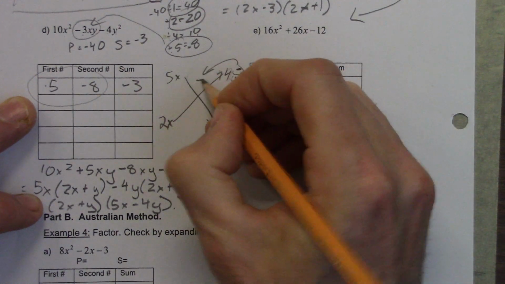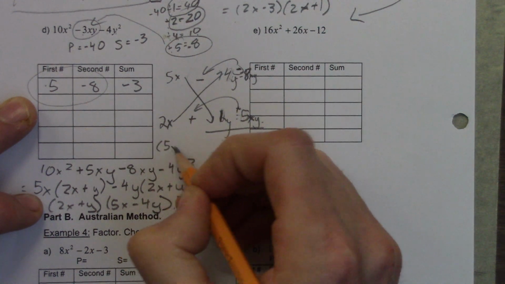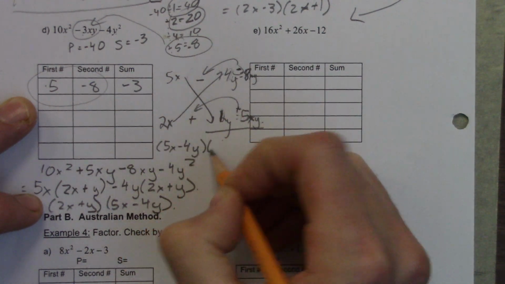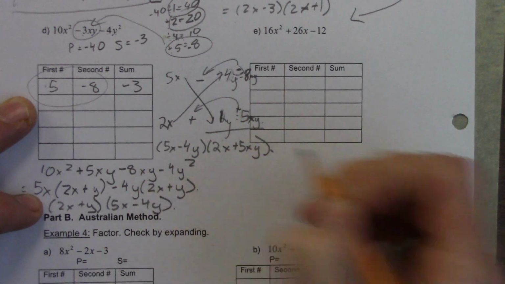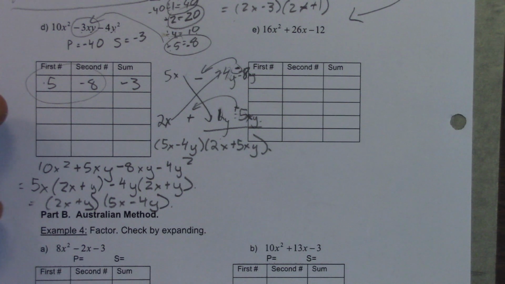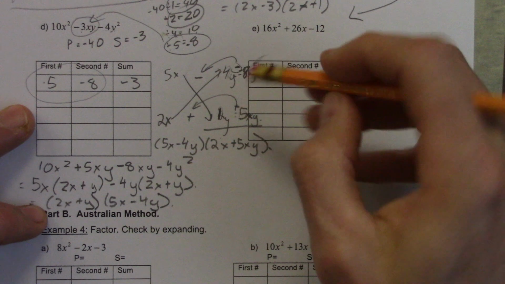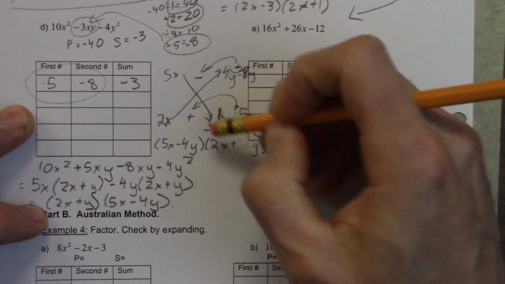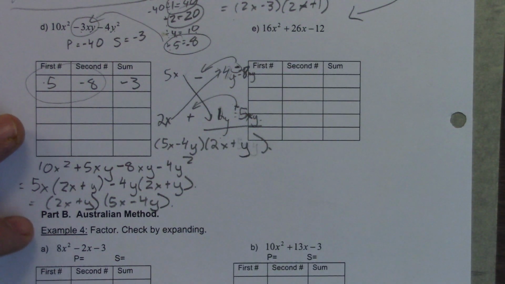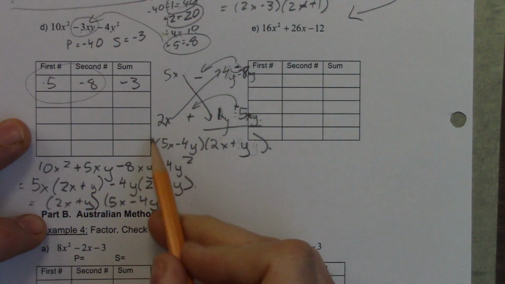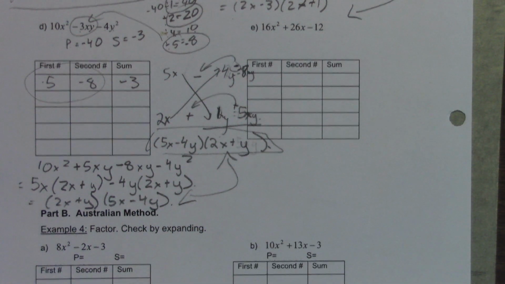So this negative sign goes here and this positive sign goes here. So I'm left with 5x minus 4y and 2x plus y. And that is the same as this. Any questions?